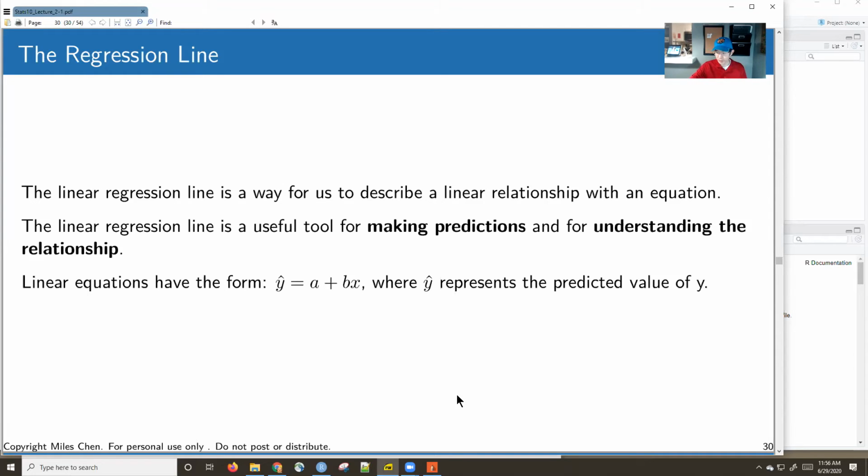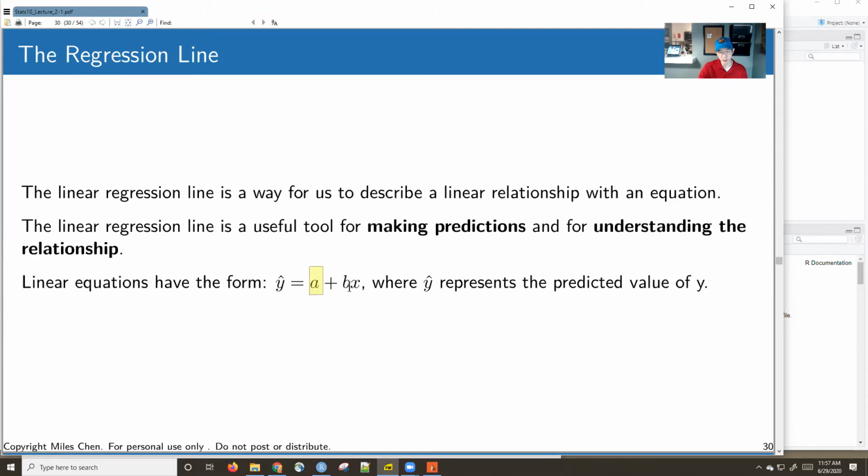And when you create a linear regression line, the linear equation is going to have the form y hat equals a plus bx. Y hat represents the predicted value of y. If you think back to your days of algebra, you have a slope and an intercept.